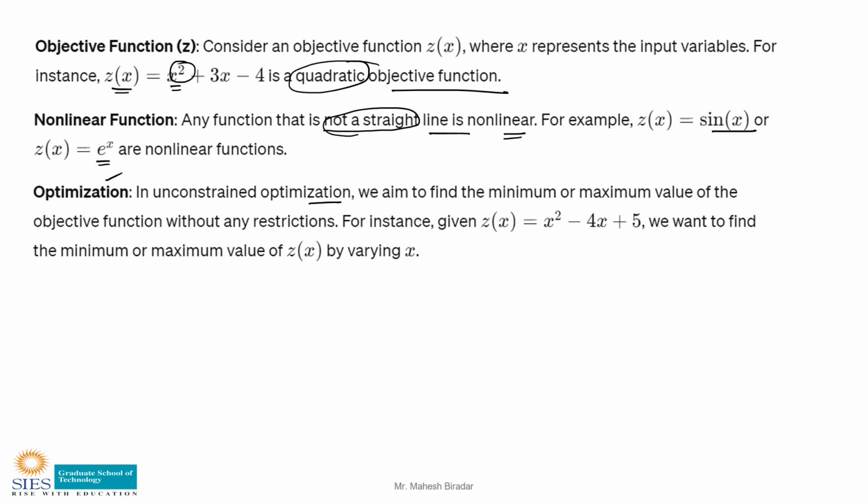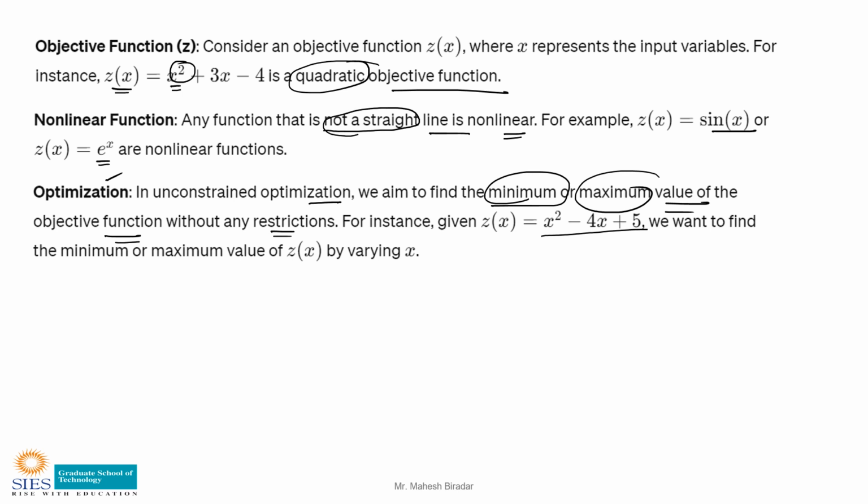In unconstrained optimization, we aim to find the minimum or maximum value of the objective function. Optimization means finding the minimum or maximum value of the objective function without any restrictions. For example, here z of x is equal to x square minus 4x plus 5.